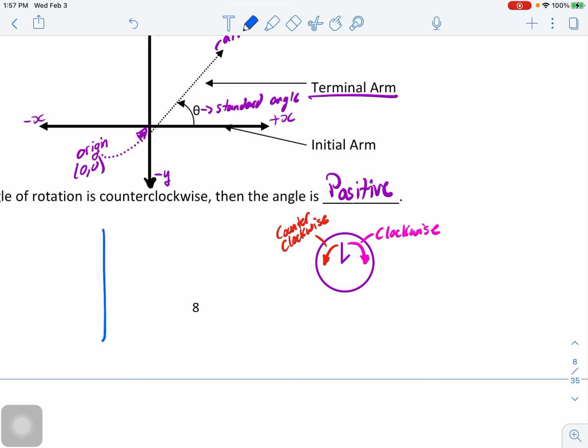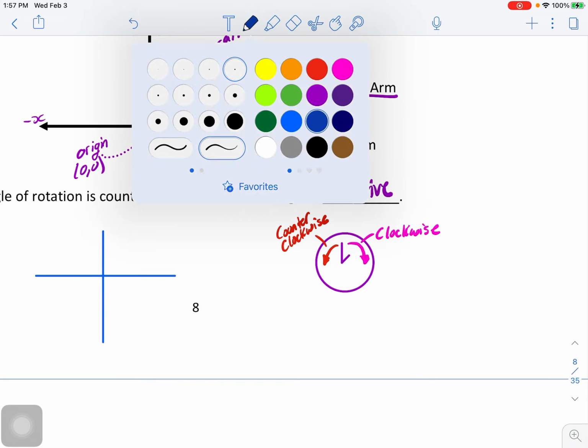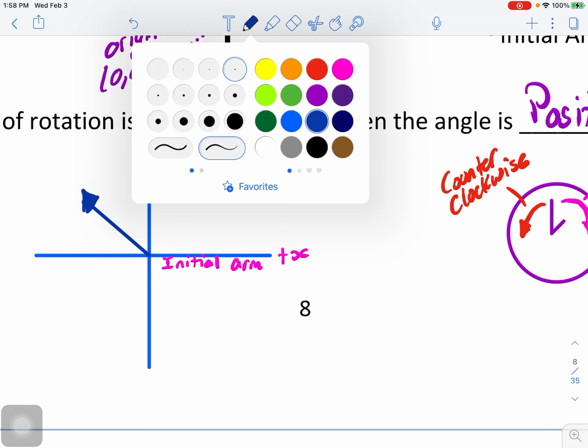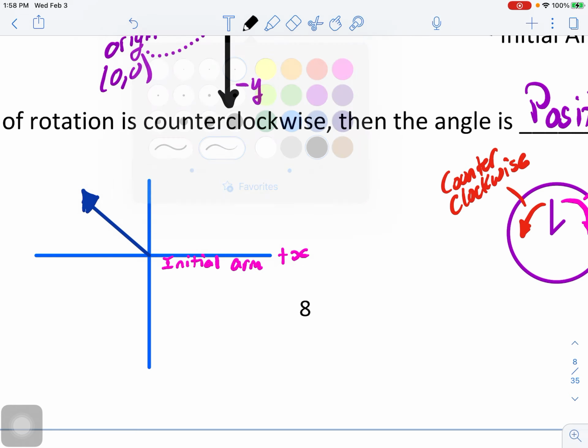So for a very quick example, we'll get more used to it later on. If we extend an arm up this way, this is now our terminal arm. Our initial arm is always found here on the positive x-axis. We could create a positive angle. If we measure the angle here, let's say that this is positive 150 degrees.